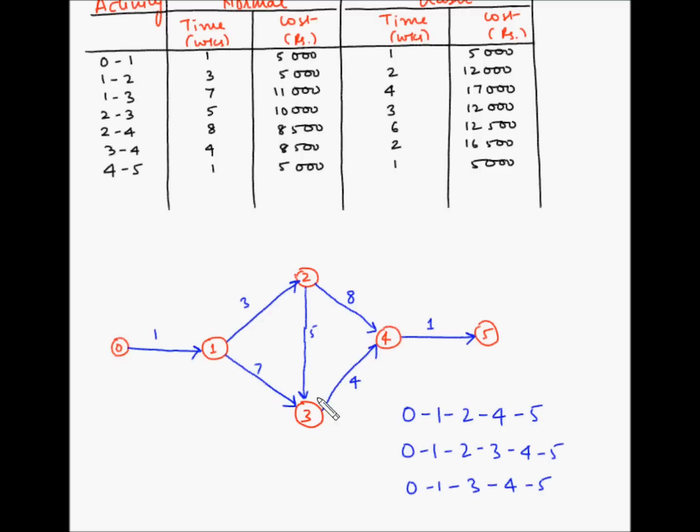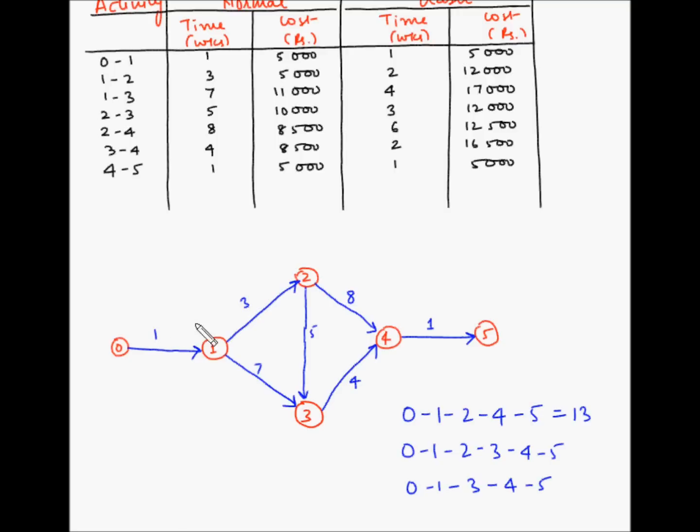Now let's find out the duration for these paths. So 0 1 2 4 5 is 1 plus 3 is 4 plus 8 is 12 plus 1 is 13. So this is 13 weeks. The next path is 0 1 2 3 4 5.